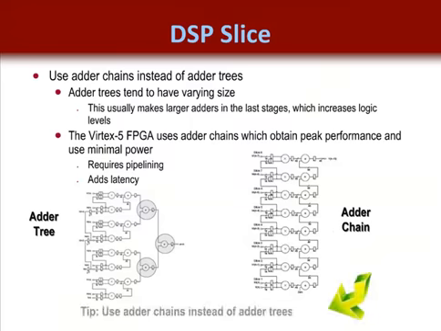It is simply better to implement these with dedicated resources such as the DSP Slice. This implementation involves the computing of the summation incrementally using chained adders instead of adder trees. This maximizes performance and lowers power for DSP algorithms because both logic and interconnect are contained within the dedicated silicon.